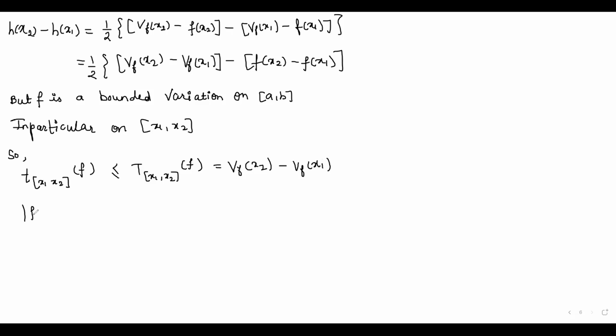So this implies that mod of f of x2 minus f of x1 is less than or equals to variation of f over x2 minus variation of f over x1.